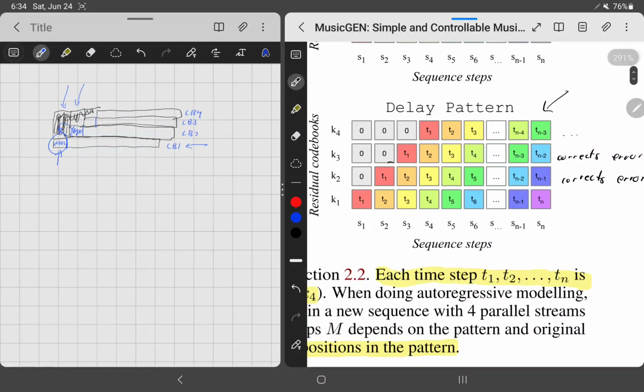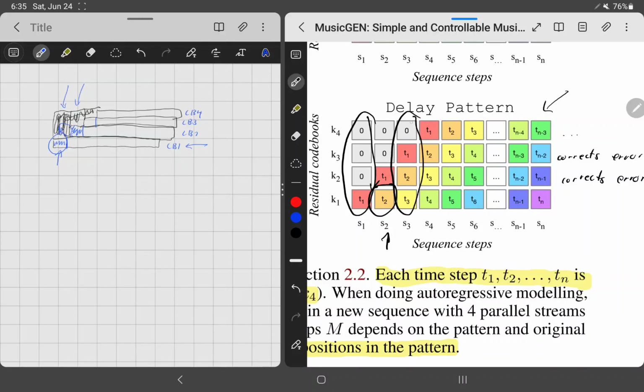So you can think of token 1 as generating just the first entry of codebook 1, which is the first stab at generating the actual output, and then there's a little bit of error after this token. So then you go to token 2, and the second entry is like, okay, I'm going to model the error in the first token, but I'm also going to generate the first stab at token 2 in our output.